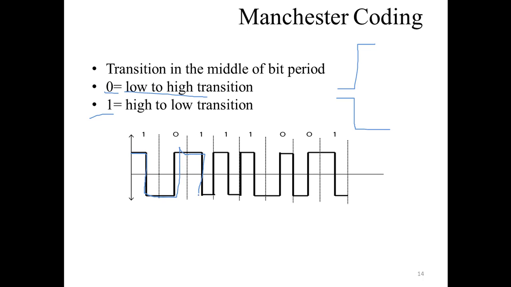So again 1, high to low, again high to low, then low to high, then low to high, then high to low. This is basically Manchester coding, in which you have two combinations, high to low and low to high.